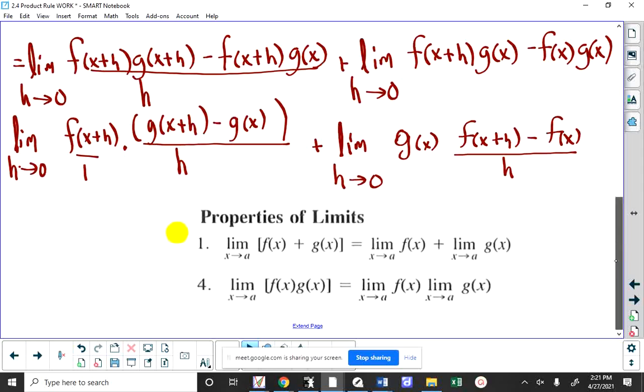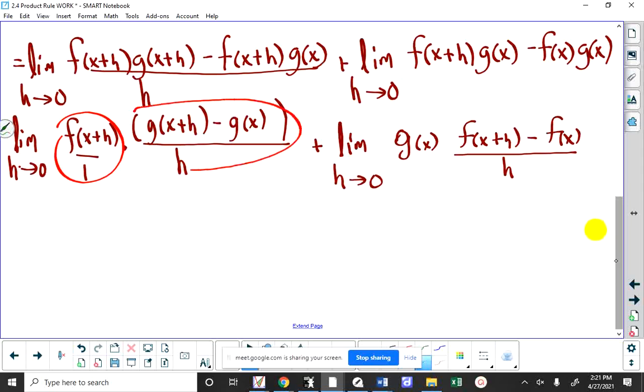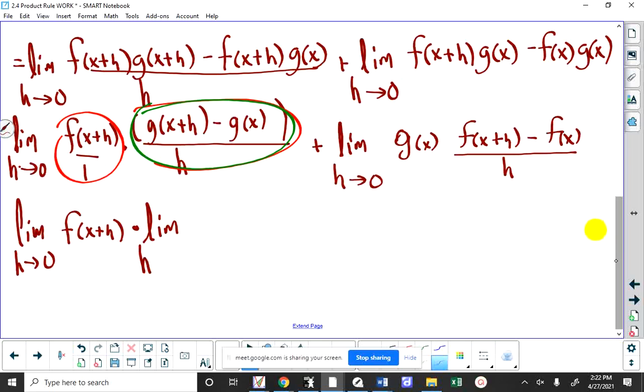And that means that rather than saying the limit as h approaches 0 of this red thing times this green thing, I can say the limit as h approaches 0 of the red thing multiplied by the limit as h approaches 0 of the green thing, plus, I'm going to do the same thing over here.